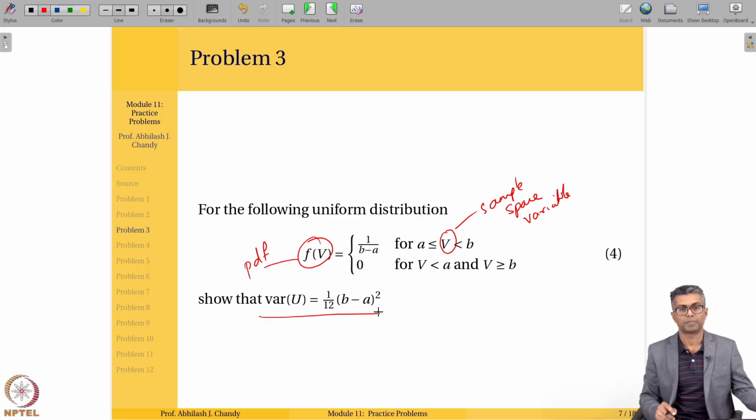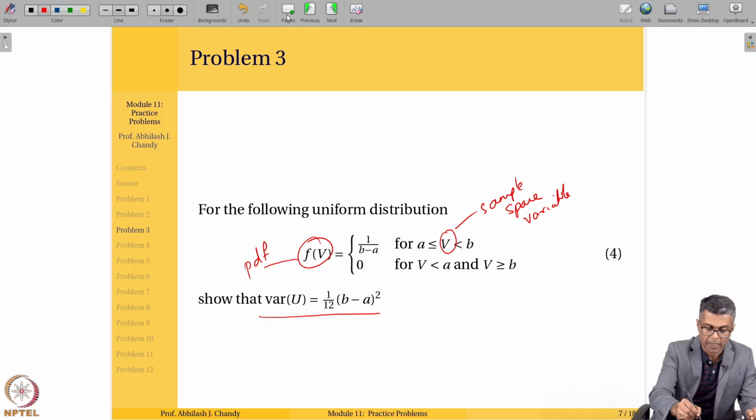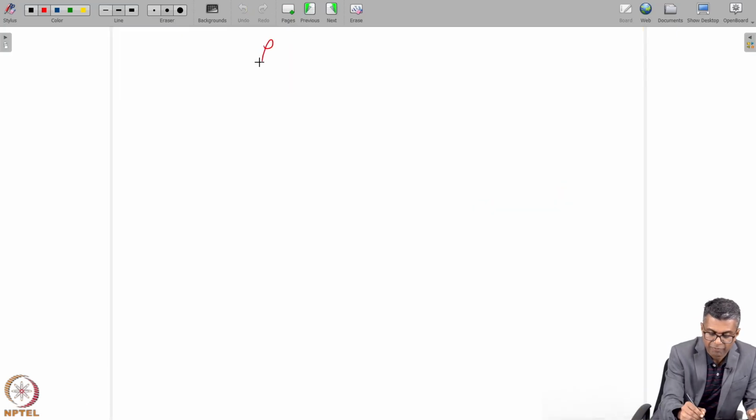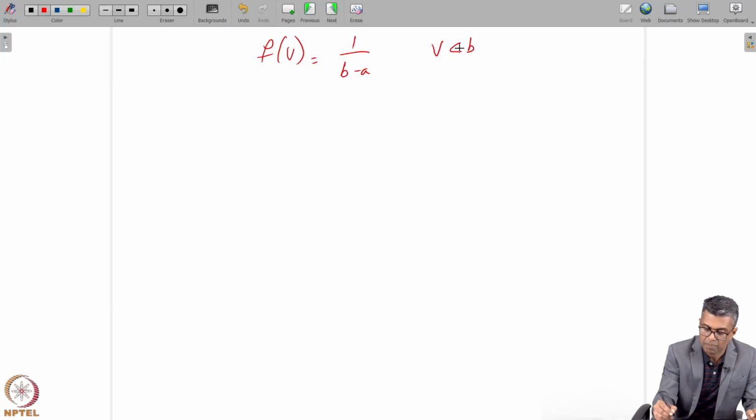How do you do this? In order to calculate the variance, you will first require the mean. So I have my f of v as 1 over b minus a when v is less than b and greater than or equal to a, and it is equal to 0 otherwise, right?